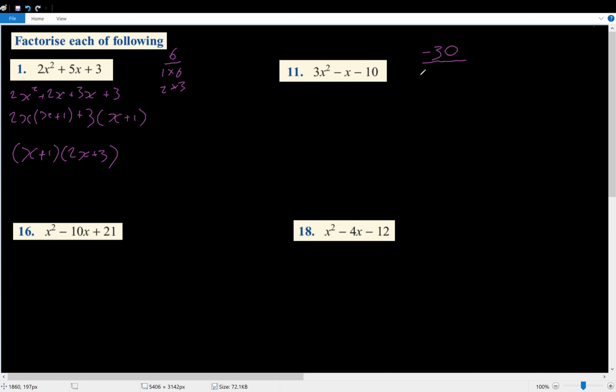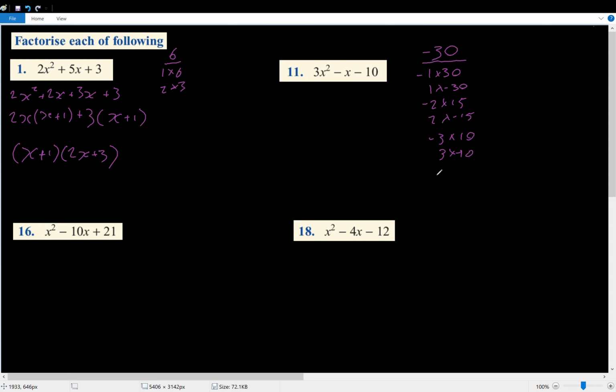So the factors of minus 30 are going to be minus 1 times 30, or 1 times minus 30. They're going to be minus 2 times 15, or 2 times minus 15. Or minus 3 times 10, or 3 times minus 10.